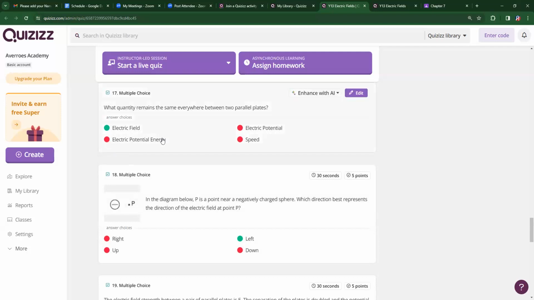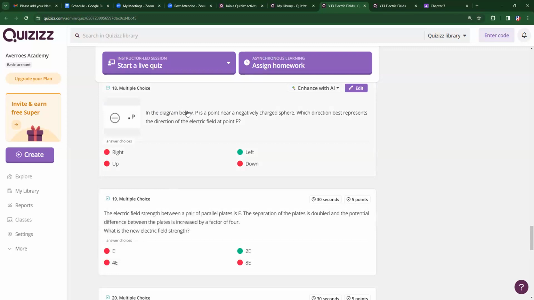Potential energy changes because it depends on location. Electric potential also changes, and speed of the particle also doesn't stay the same, because when a particle is moving, it could speed up or slow down, so speed could change. So the electric field between two parallel plates always will stay the same.